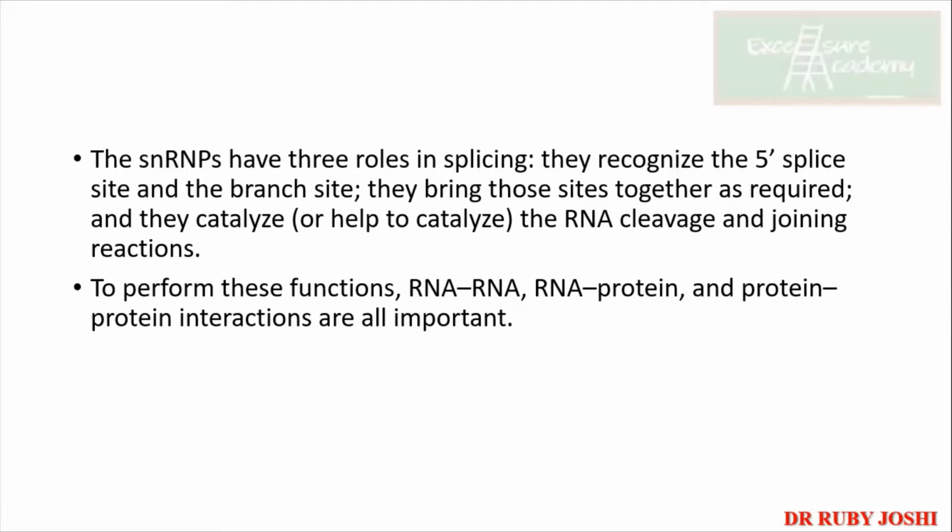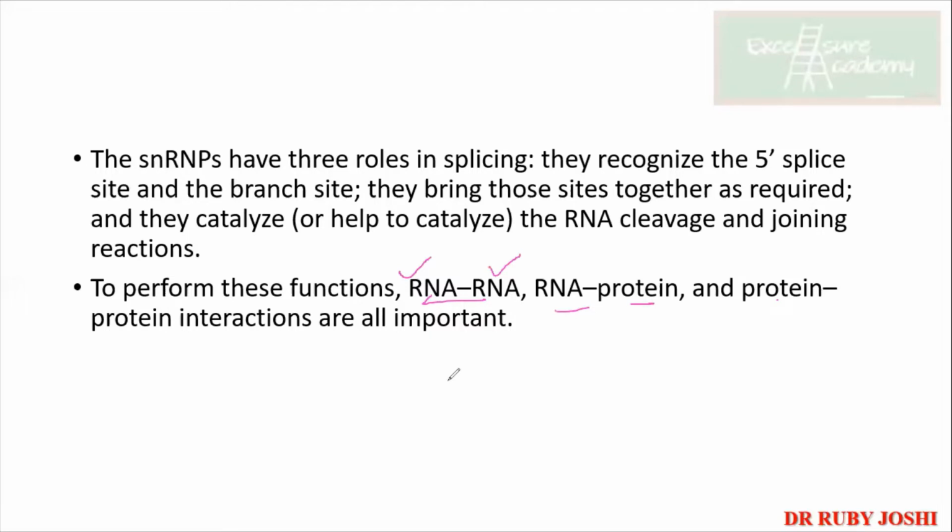To perform this function, they need RNA-RNA interactions, that is between the pre-mRNA and the RNA of the spliceosome, and of course RNA-protein interactions, जो आपका ribonucleoprotein है, and protein-protein interactions, so that they can carry out the catalytic cleavage and rejoining activity, which is done by the protein part. There are different proteins involved in bringing the sites together.